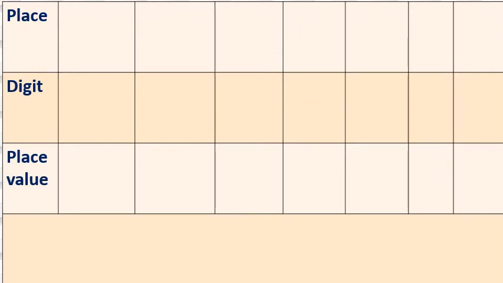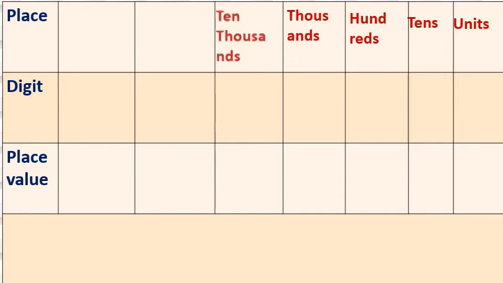Now students, here we will take a quick recap of the last lecture because it will become the base for today's lecture. Now this table is there. We will write the place: units, tens, hundreds, thousands, 10,000s, lakhs, 10 lakhs. Means here it is a 7-digit number.